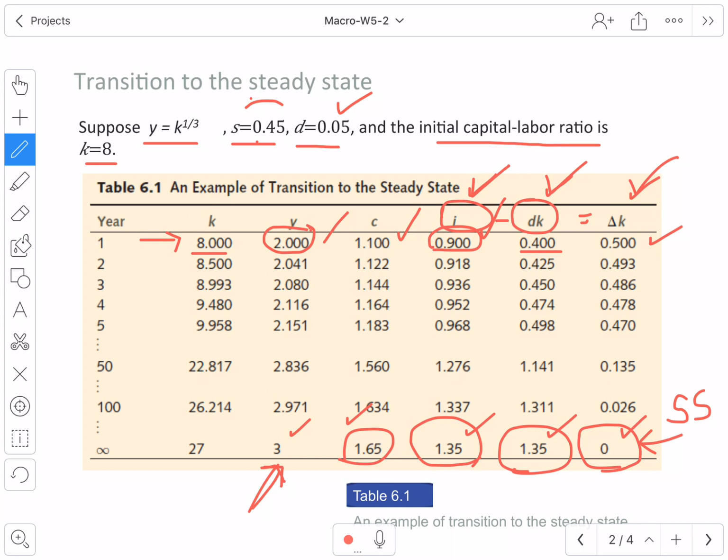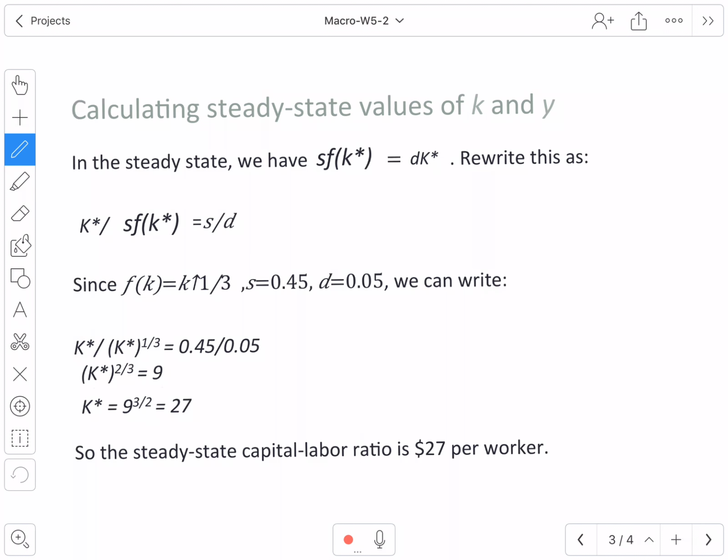So we can also have it mathematically, by computing the steady state values of K and Y. You can also have a question about K and Y and C and S, consumption and saving, like all the variables that you have. So it's easy because we are given this equilibrium.